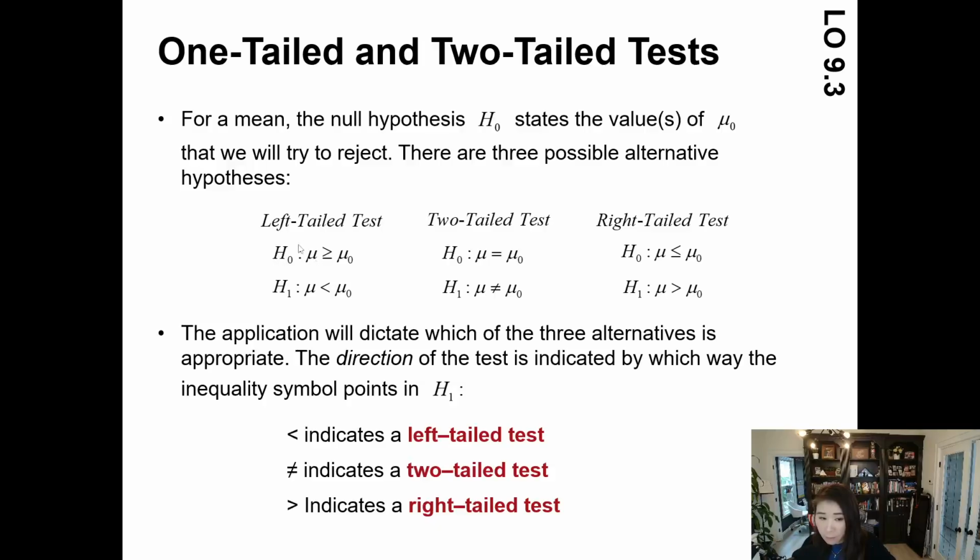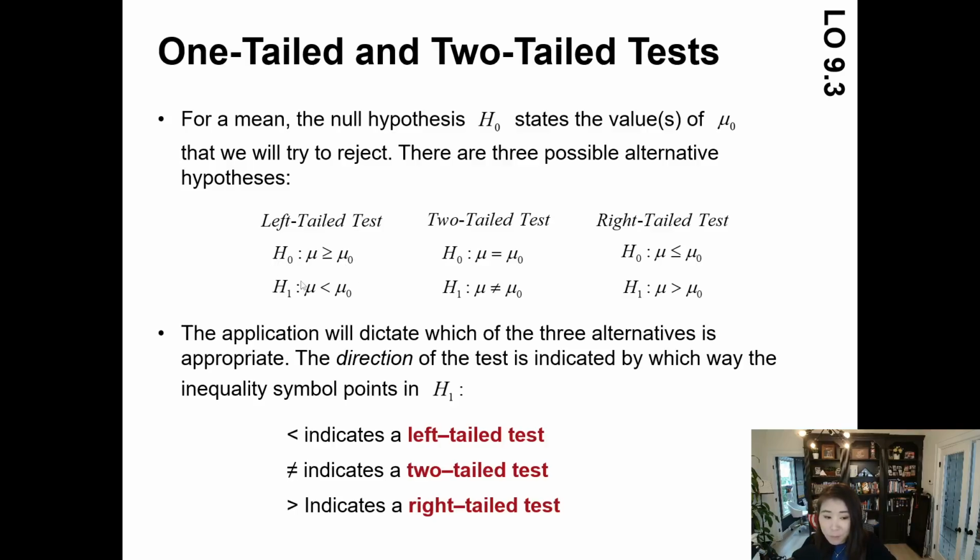For instance, the left tail test here, the H0 is the population mean should be larger than or equal to mu0. When you work on the practice questions and the homework, this mu0 will give you an actual value. Let's say that mu0 will be 2 or 3 or 4 or 2.3, depending on the question.